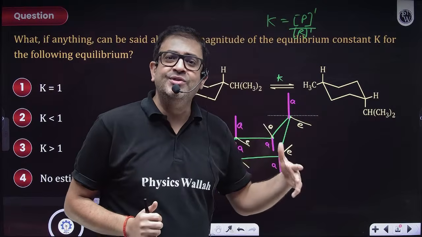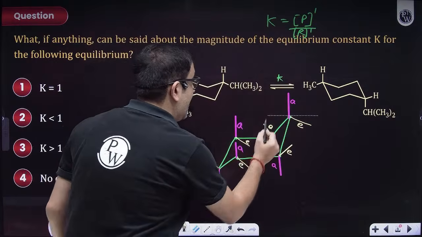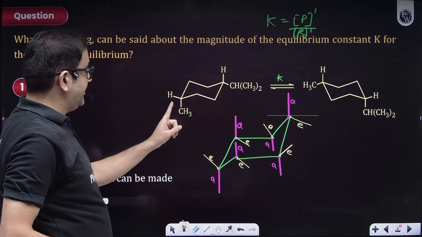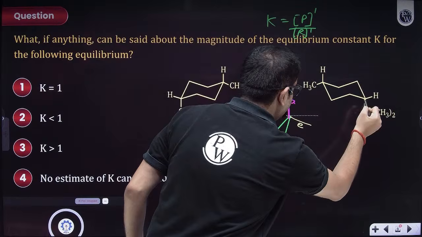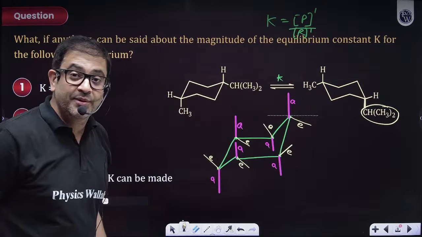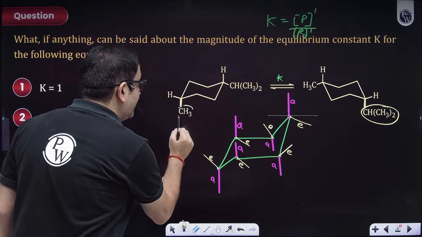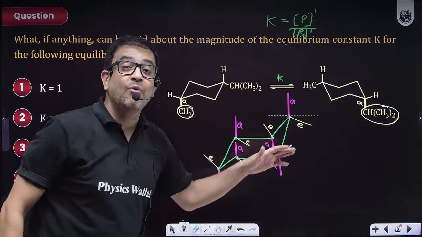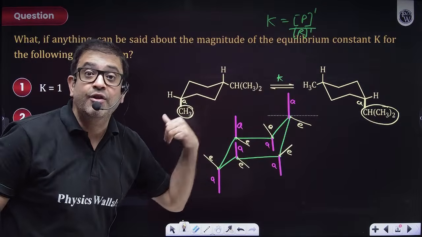As you introduce them in axial positions, let's say this is your axial position, and in this axial position you have a bulky isopropyl group. Here you have this methyl group in the axial position. So the axial position will have more torsional repulsions and van der Waals repulsion also.